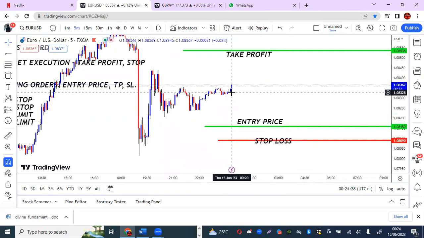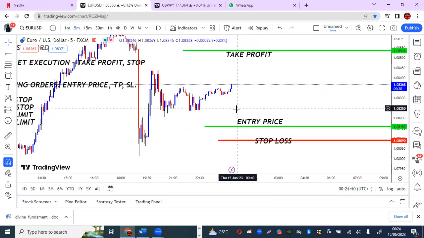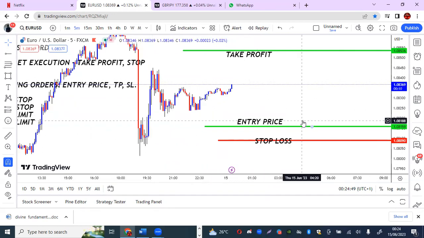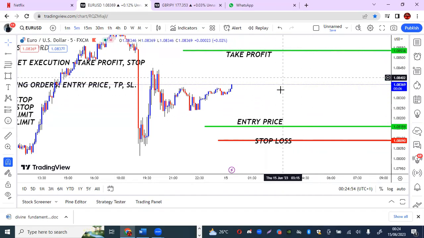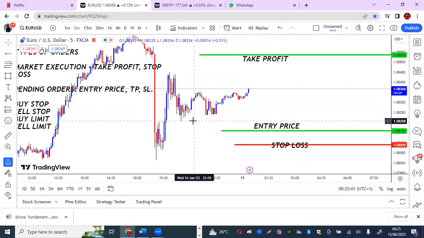Buy limit means my analysis shows me that the market will reverse here, get here, and then go back up. So I'm going to take a buy limit order. I'll wait for the market to come back here. I'll just take the trade, put in the parameters, and once the market comes here to trigger my trade, get me into the market, it moves up and takes profit. If it doesn't go in my direction, of course, it will hit stop loss. That's for buy limit.